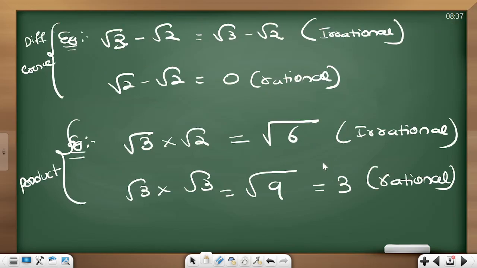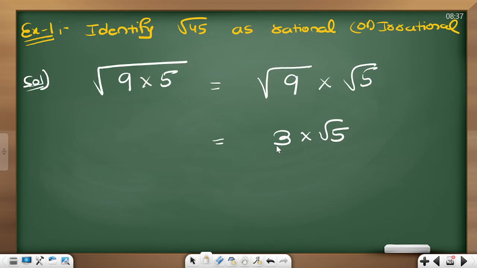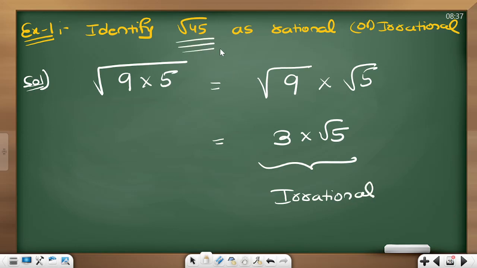Just before, in our rule, we learned the product of a non-zero rational number and an irrational number is again an irrational number. Therefore 3 is a non-zero rational number, root 5 is an irrational number, and multiplying these two, the answer is irrational. Therefore root 45 is an irrational number. Is that clear? It should be.